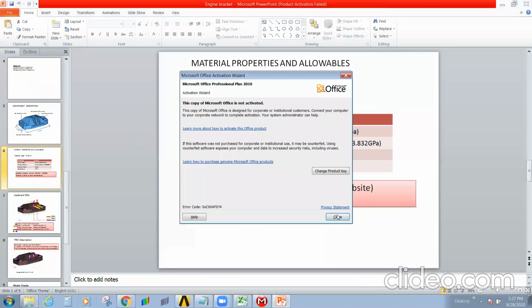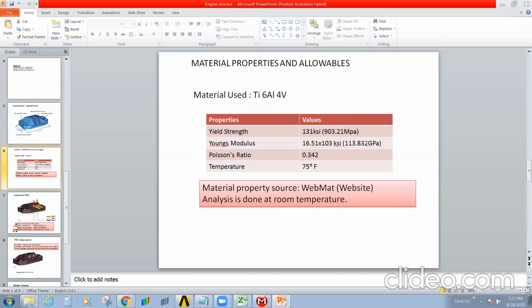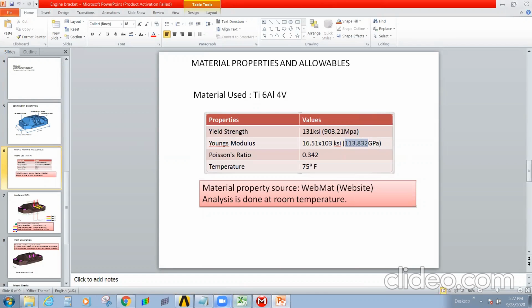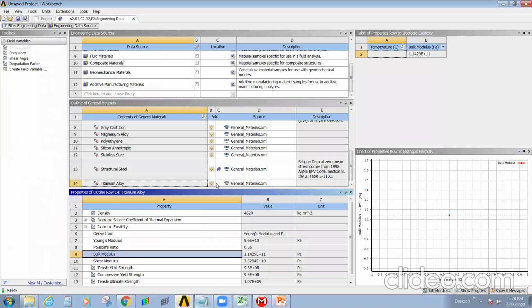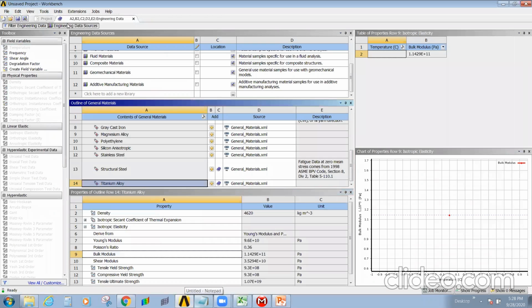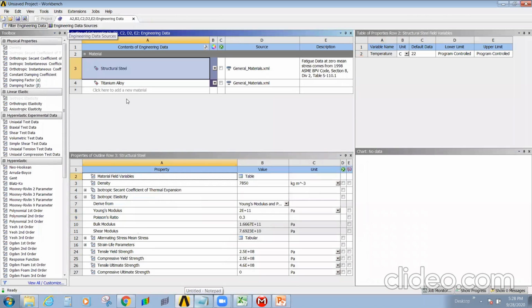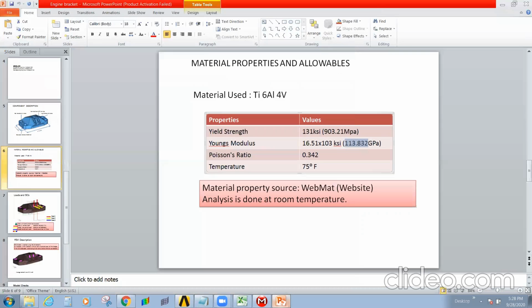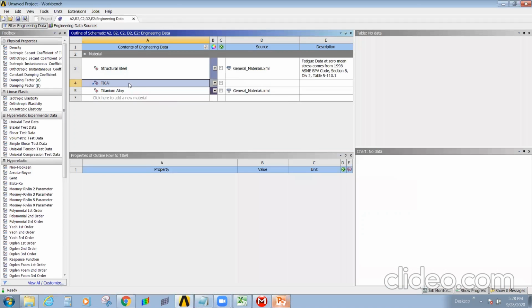So what is your, it is 1.13 GPa. Okay, so I'll add to this. For the engineering source, either you can take this or you can write it as Ti6Al4V.